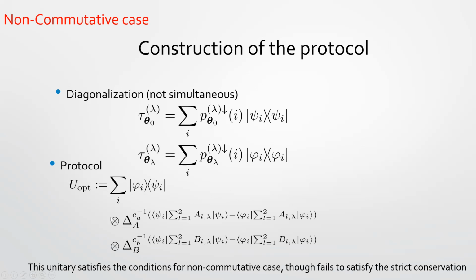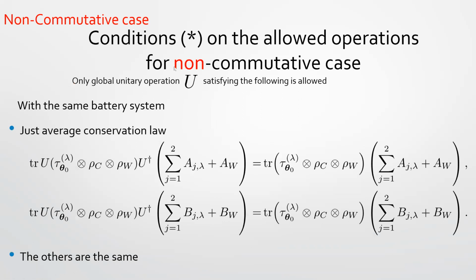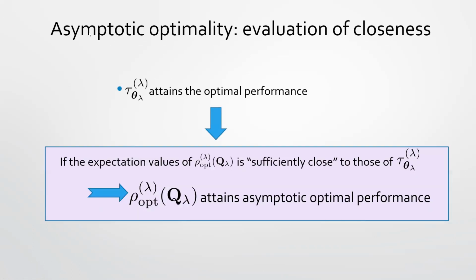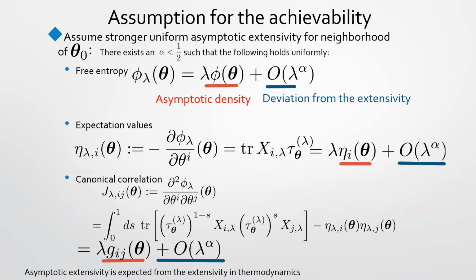So our unitary can be considered as only a conversion on the eigenvalues. We only change some eigenvectors. So this can be considered our protocol. Also, I'm sorry, this is the non-commutative case, but I want to skip this one. This is too difficult.